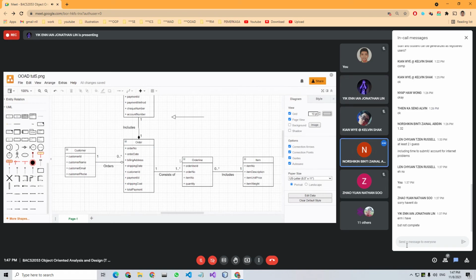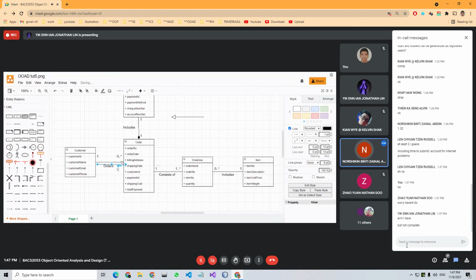The customer doesn't need to order to be there. Even if you delete the order, the customer will still be there. So that one is aggregation.